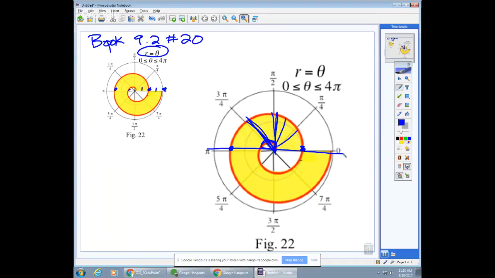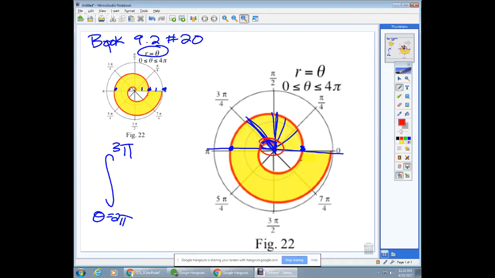So for this top part here, if we take the integral as theta goes from 2 pi to 3 pi, that'll give us a little bit more than what we want. So then we'll have to subtract that chunk right there out. And what are the bounds on that chunk, do you think? 0 to pi, yeah, so we'll have to subtract the integral from 0 to pi.